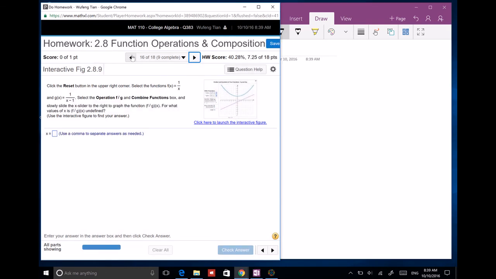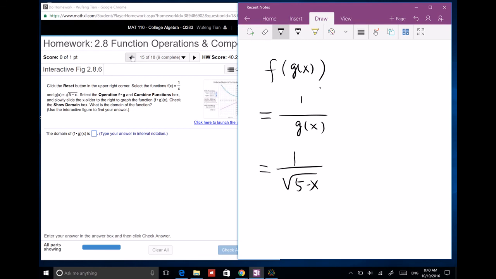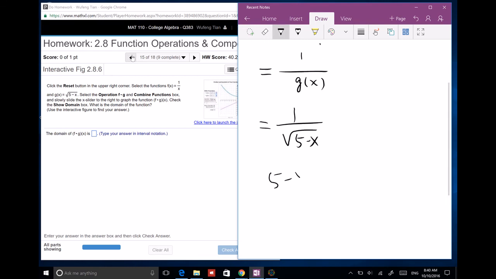Oh wait, 15 is the same. So f of g of x, what you need to do is, f of x is 1 over x, so it's 1 over g of x. G of x is given, so it's 1 over square root of 5 minus x. The domain is 5 minus x is positive, bigger than or equal. No, it cannot be equal 0. Have to be bigger than 0 because it's the denominator, right?